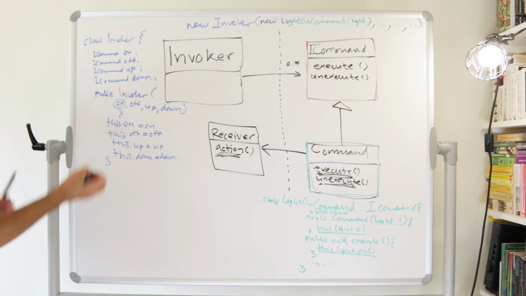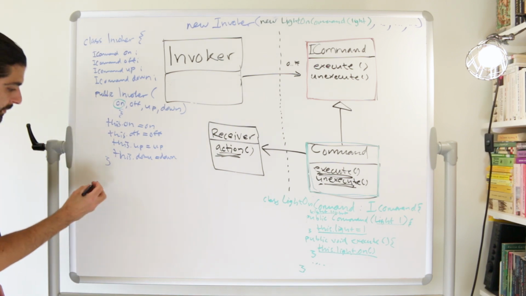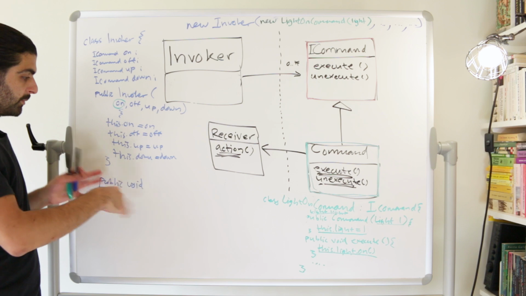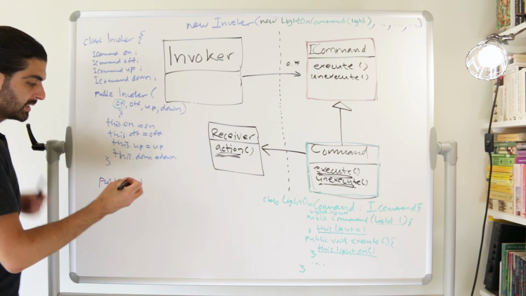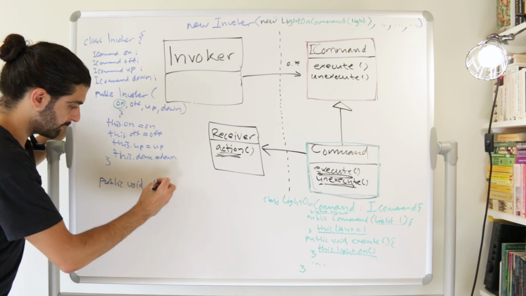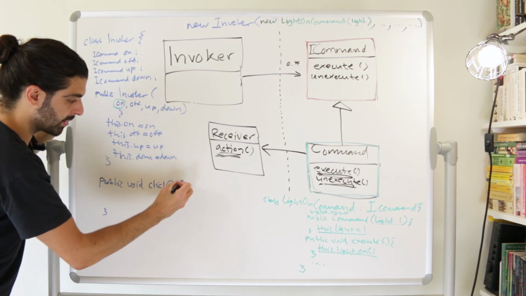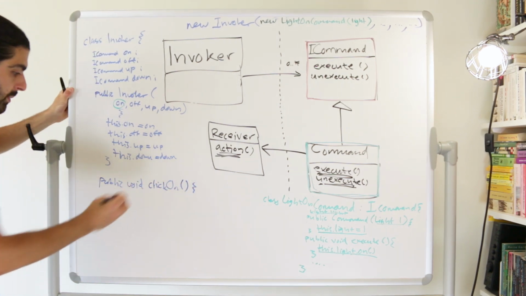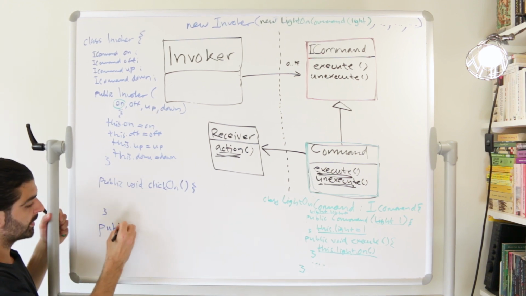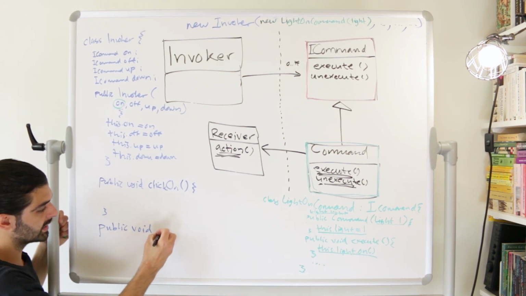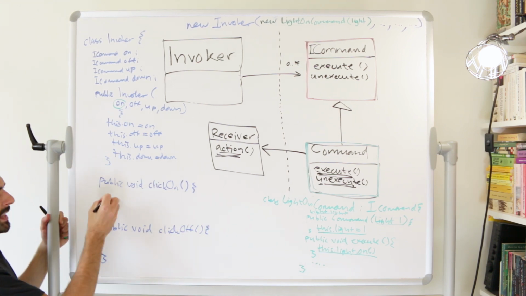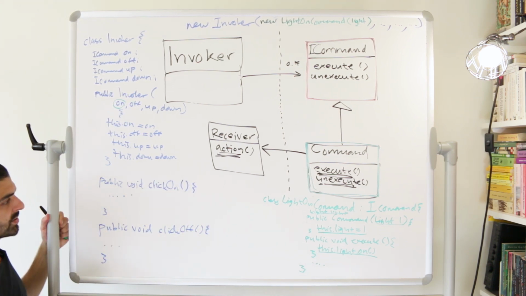So probably it needs an on method, public void, and to be super explicit and make sure that we don't confuse these with the instance variables, let's call them click on and click off. So click on would be a method that takes no arguments and has some implementation, and we'd have another public method, returning void, called click off. Should probably have called this pressed, but whatever.